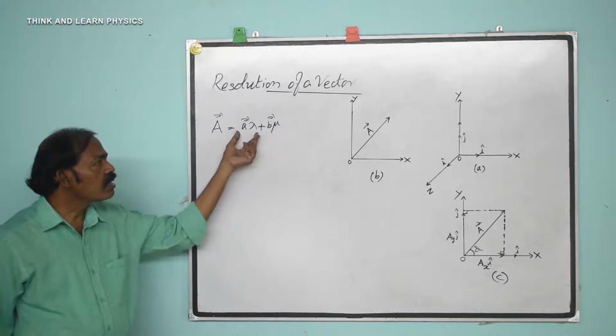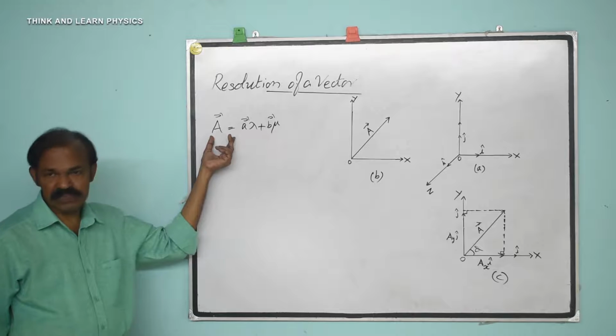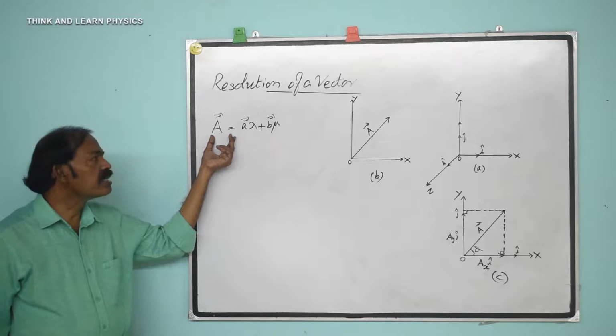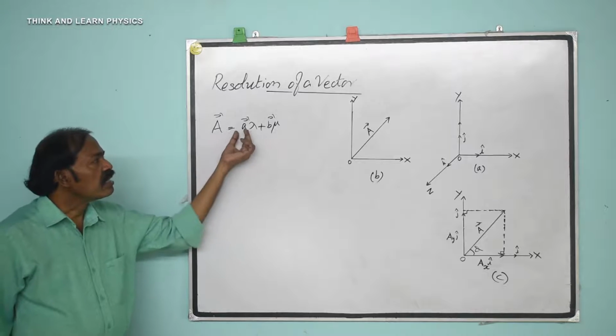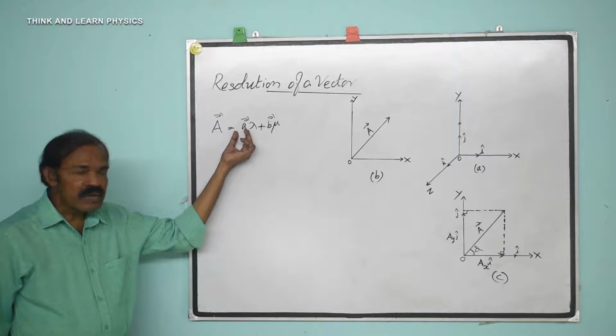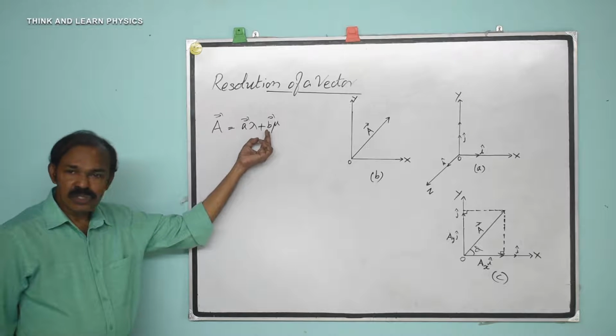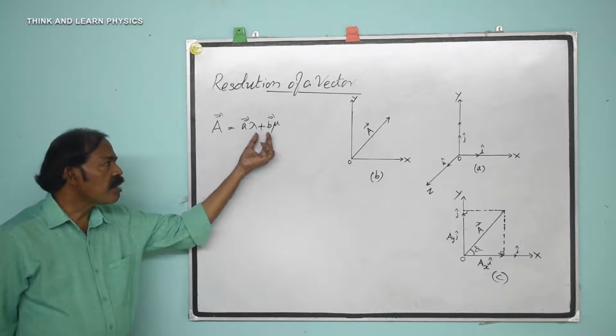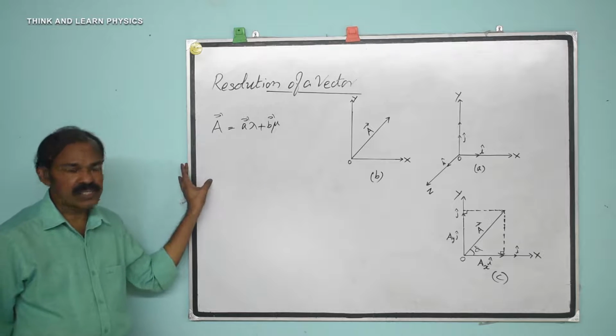Here these two are the components of this vector expressed in terms of the two vectors, small a vector and small b vector, in its own plane. Here lambda and mu are scalars.